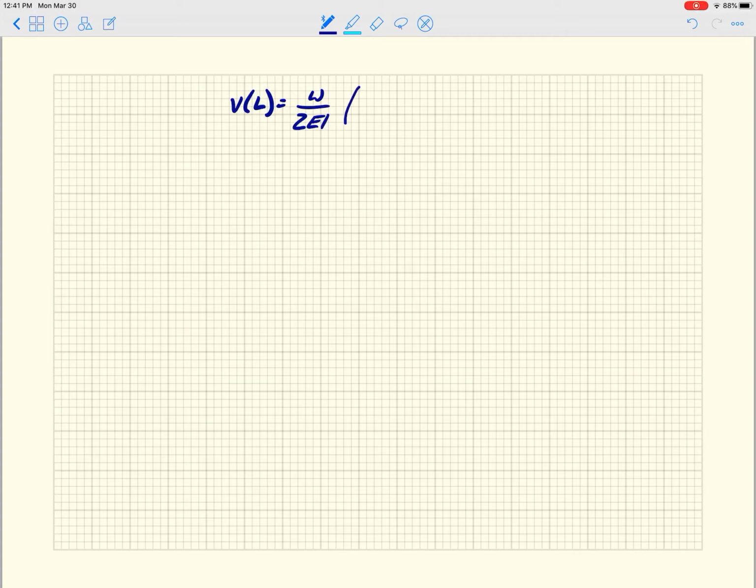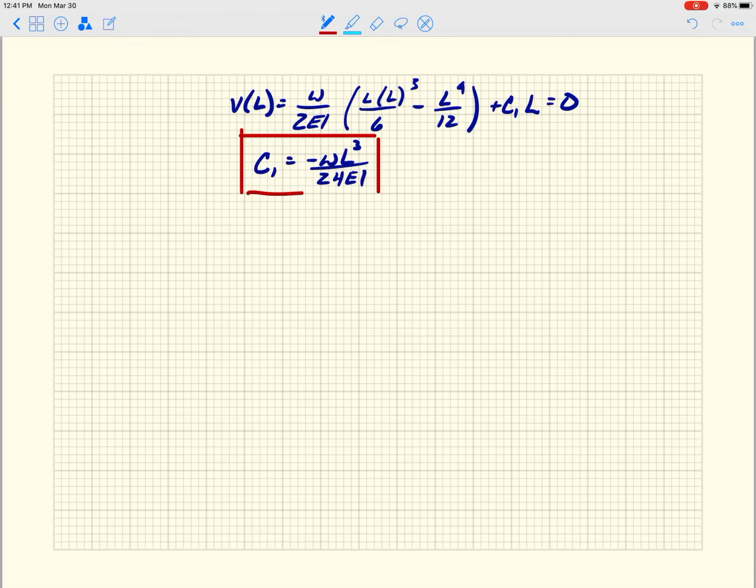So this is W over 2EI times L times L cubed over 6 minus L to the 4th over 12 plus C1 times L equals 0. When you solve for this, you get that C1 is minus W L cubed over 24 EI. Just like that.